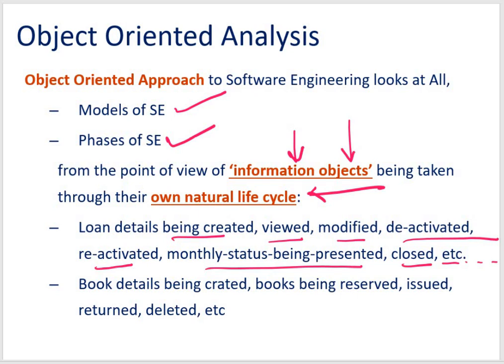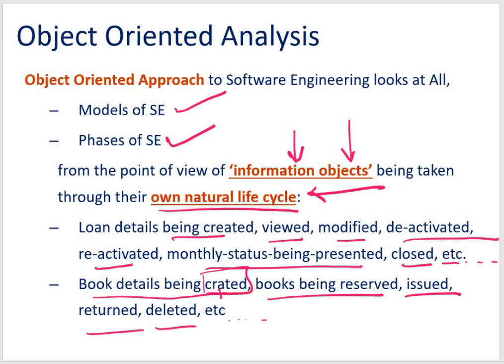Similarly, for library management, let's say book details being created, books being reserved, issued, returned, deleted, and so on and so forth. So what we are talking about is the own natural life cycle.